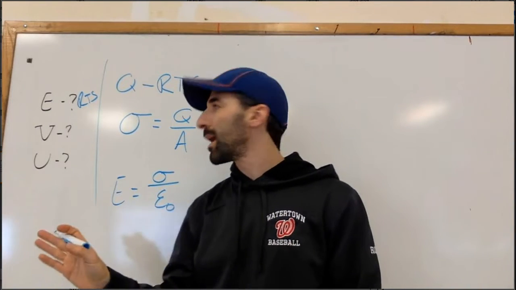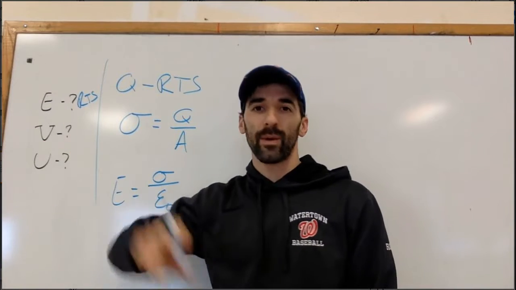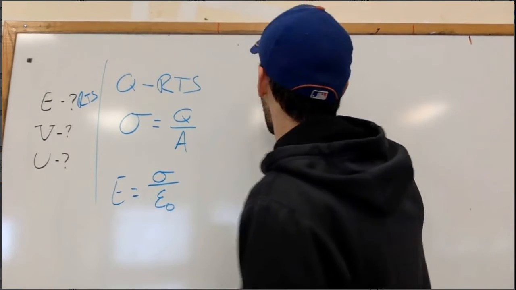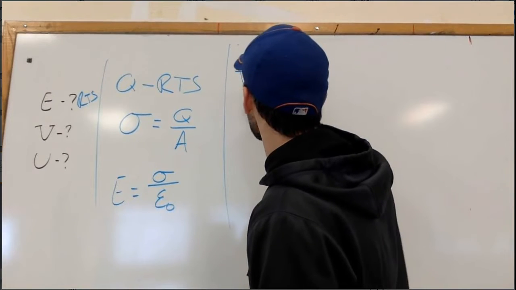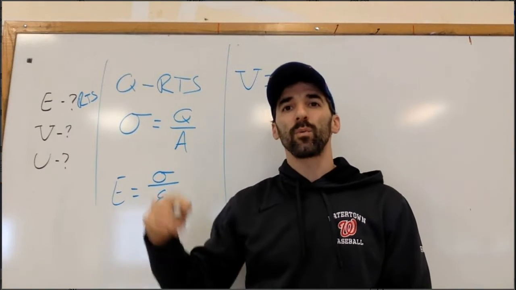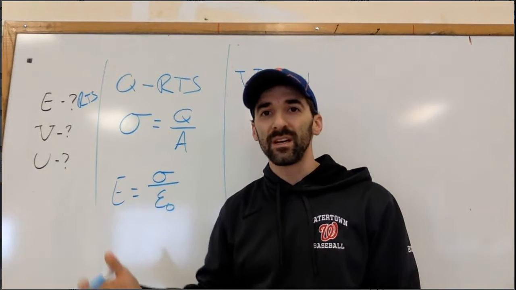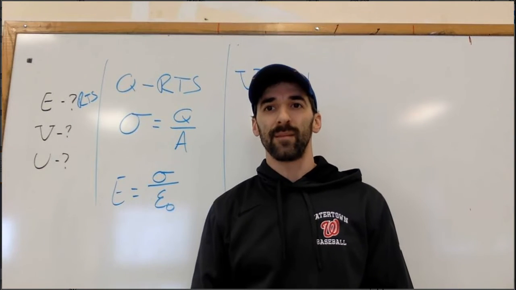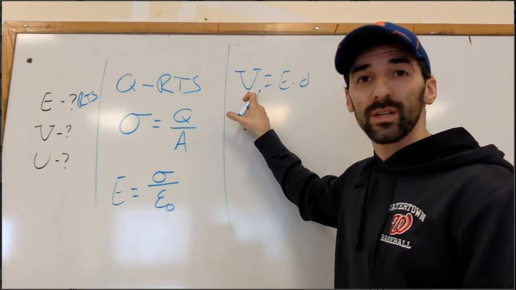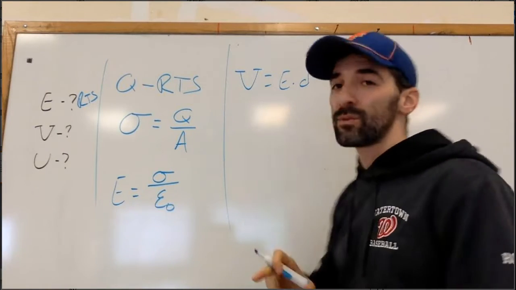So now that I know what happens there, I want to know what happens to my electric potential as I double the distance. I want to recall that my electric potential is electric field times distance. And we just figured out that my electric field is going to be the same no matter what. So my potential is going to be directly proportional to my distance.